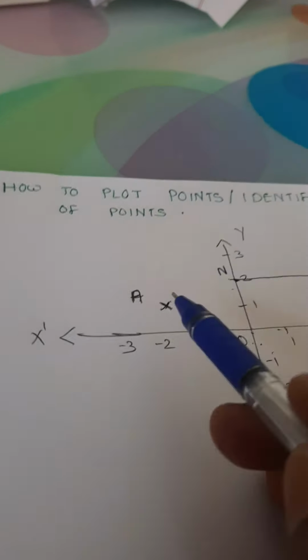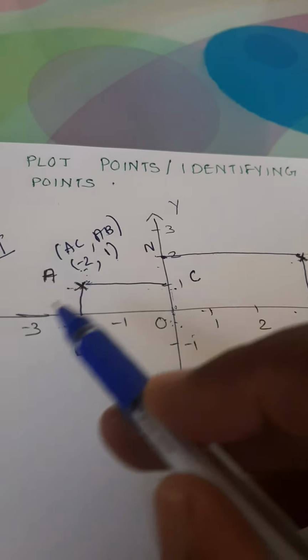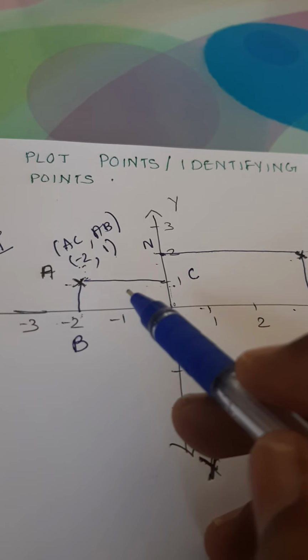As it lies in the second quadrant, I had told you that the coordinates will be of the form minus x, plus y, that is minus 2 and 1, correct? Okay, so just by drawing the perpendicular lines from the given point to the x-axis and the y-axis, we can identify the coordinates of those points, correct?